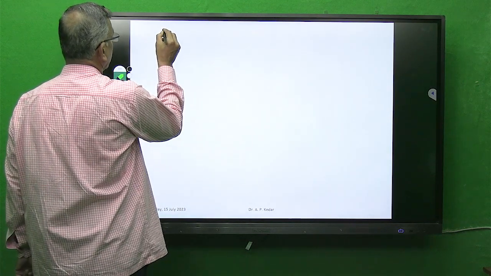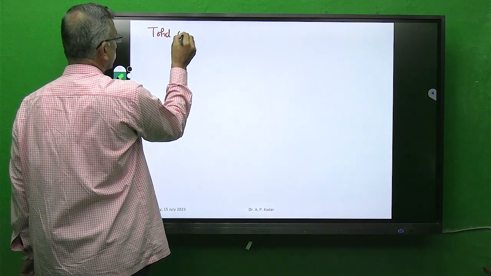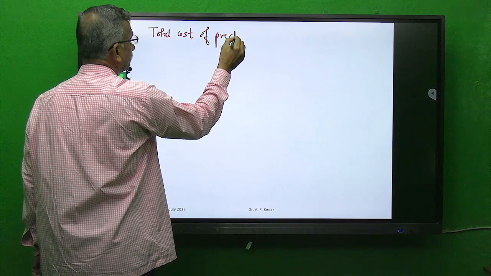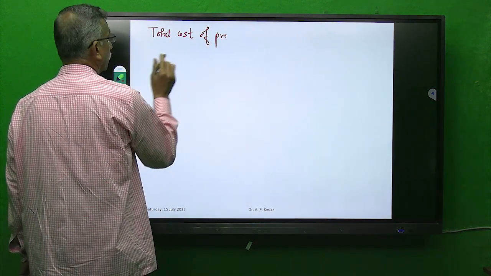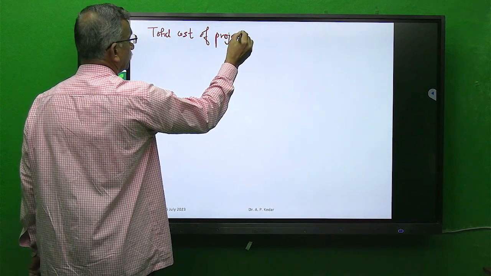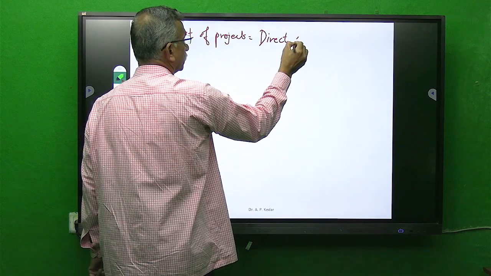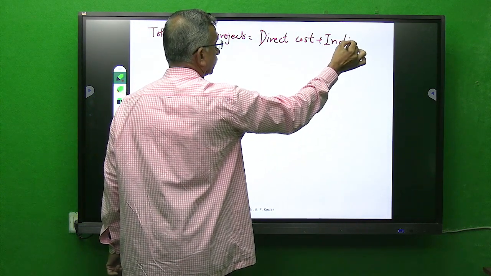As mentioned, what we wrote earlier is that the total cost of any project is equal to direct cost plus indirect cost.